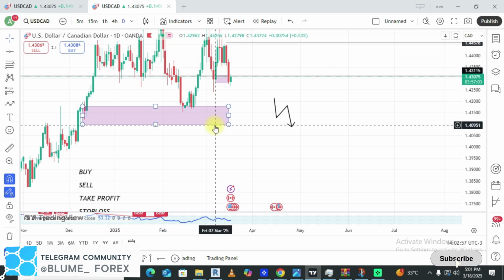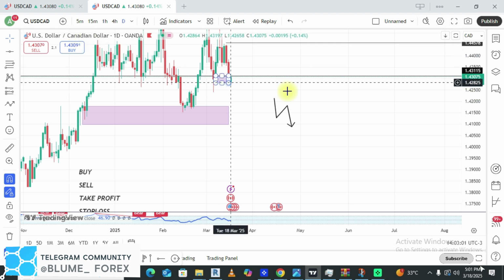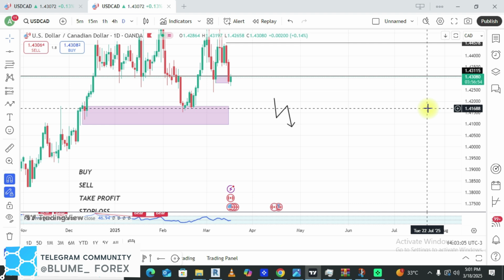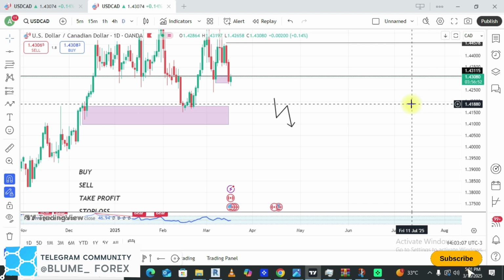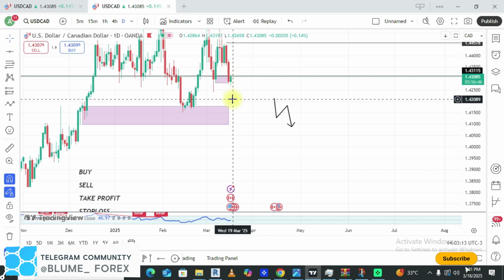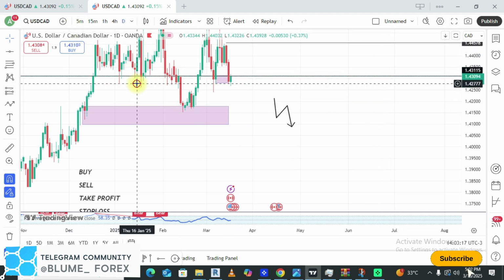Here the markings represent the value of the Canadian dollar. Once it starts pushing down, let's say it pushes down to 1.41, that means you need less Canadian dollars to buy a dollar, because the dollar has lost strength and the currency price is reducing in value.